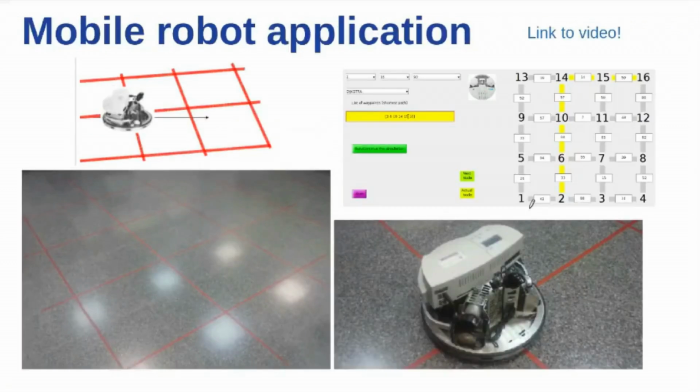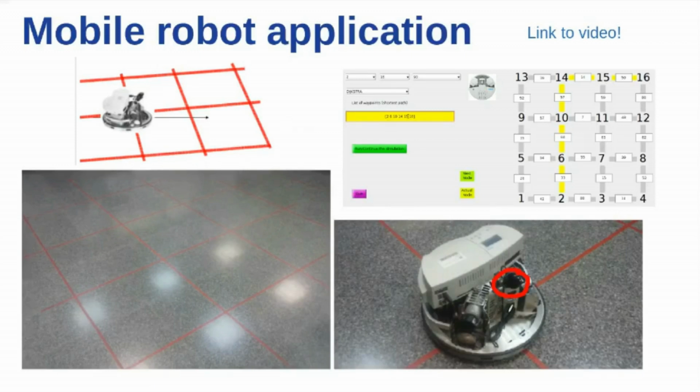Well, the real application is the one that you have here in this slide. We have a ground mobile robot. As you can see here, this mobile robot has a webcam, right? This webcam takes photographs of the environment, of this grid on the floor, right?